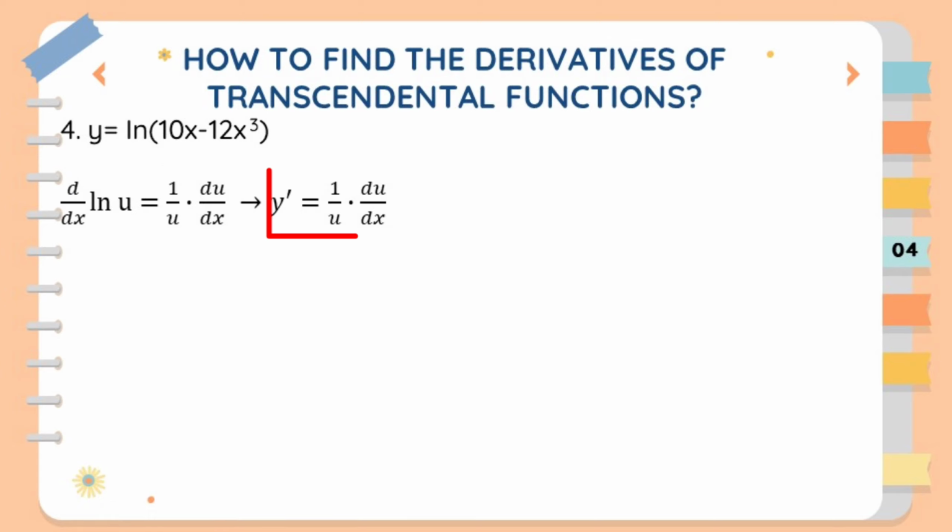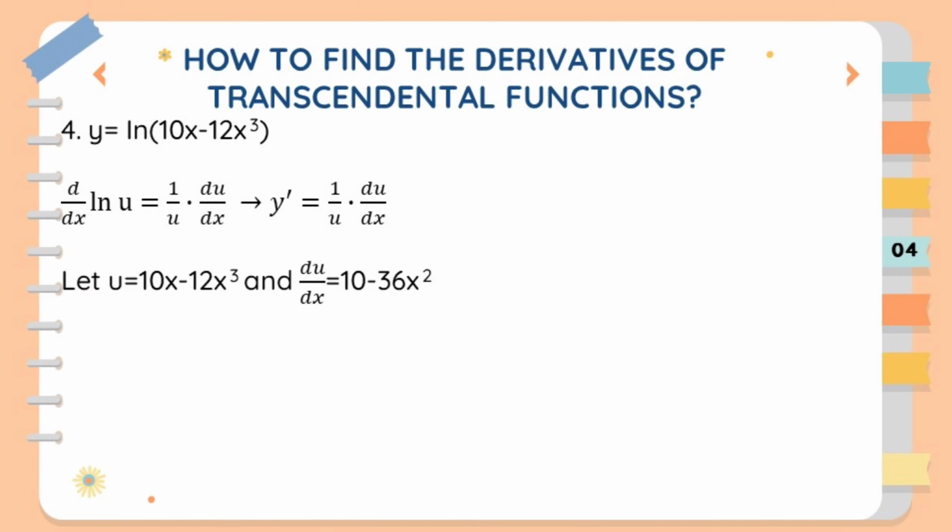So, we have y prime is equal to 1 over u multiplied by du over dx. Now, let u be equal to the value inside, which is 10x minus 12x cubed, and its derivative. Solving its derivative, we will get 10 minus 36x squared, which is the value of du over dx.